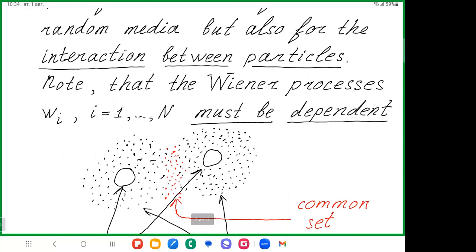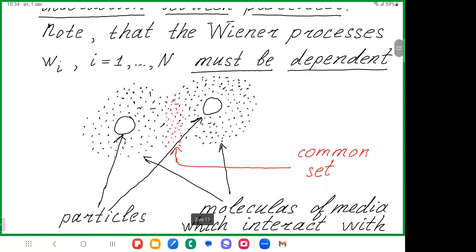Suppose that we have two particles placed in the random media. The random motion of the particles is caused by the interaction with the molecules of the media. And it is natural that due to the very large speed of the molecules of the media, we have at the fixed moment of the time, more or less fixed moment of the time, like clouds around the particle, and molecules from this cloud can interact and can have influence on the motion of the particle.